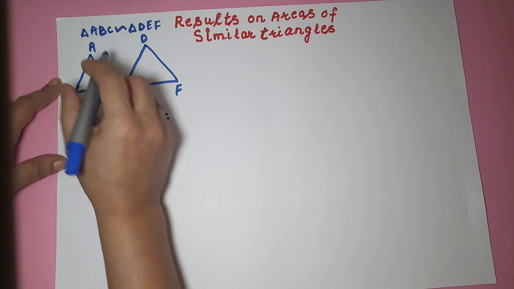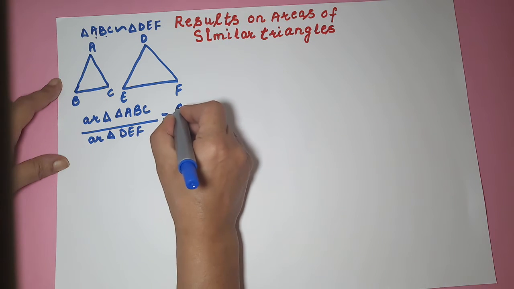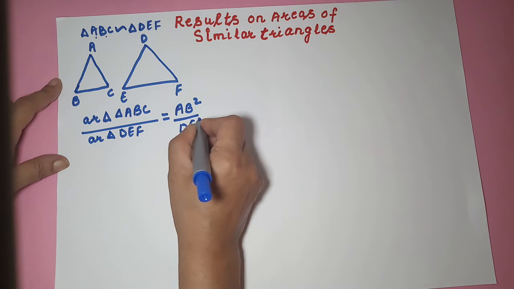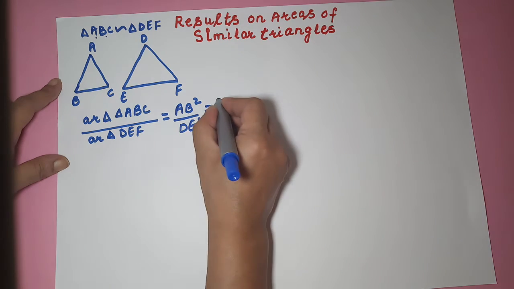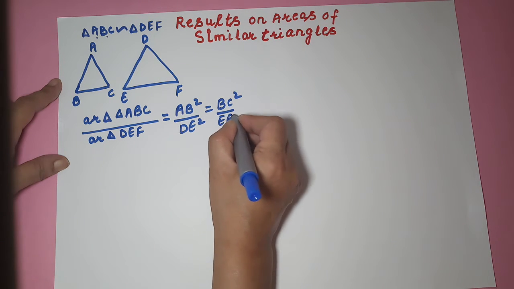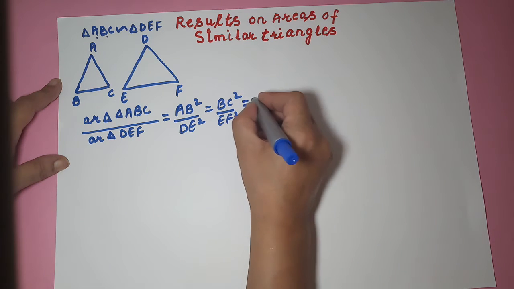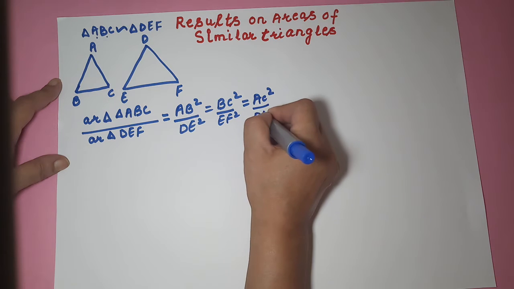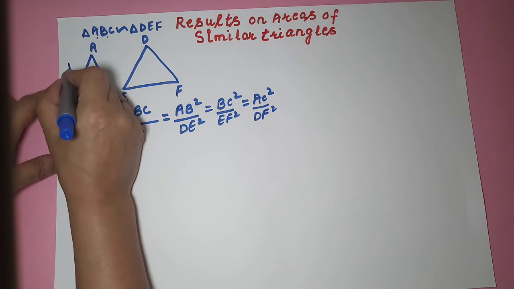So what are their corresponding sides? AB upon DE, so squares of that, AB square upon DE square. Another side will be BC upon EF, so BC square upon EF square. And the third side will be AC upon DF, which is AC square upon DF square. Right? This is our theorem number 1.